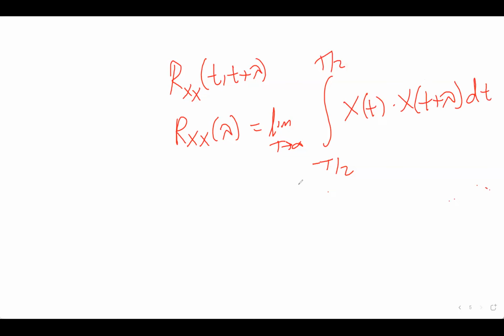So now you take it in time. You can see now we don't have the probability density function. We get rid of the probability density function in computing the mean and also the autocorrelation.